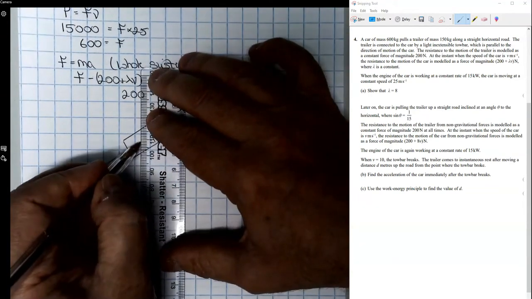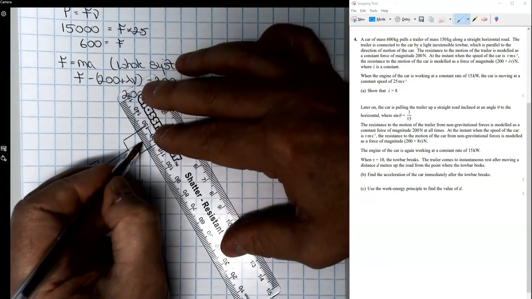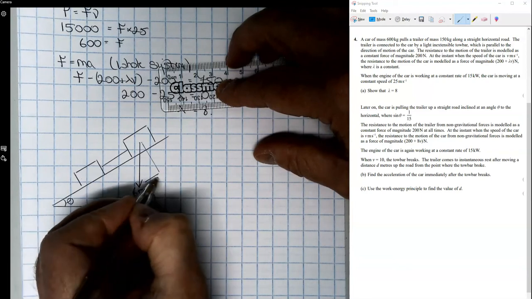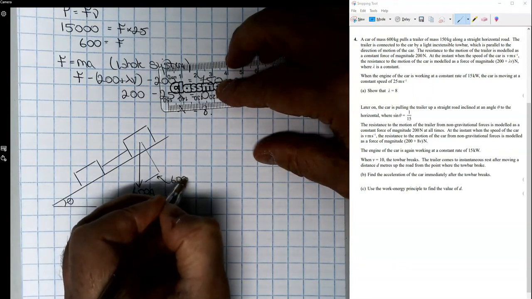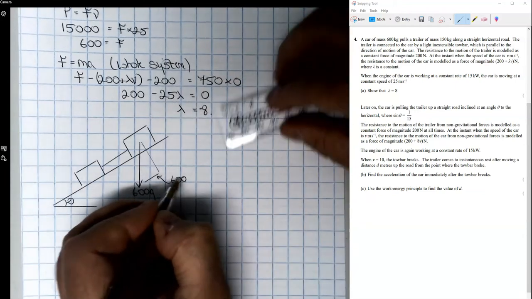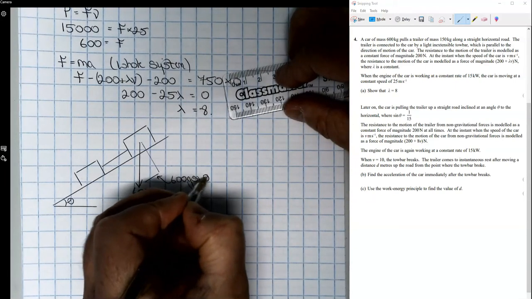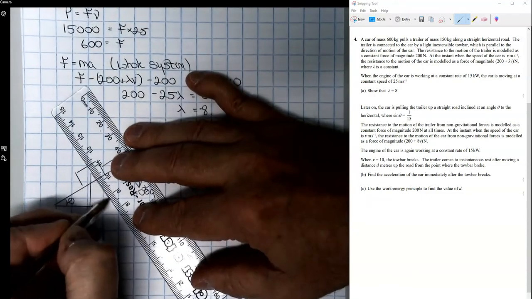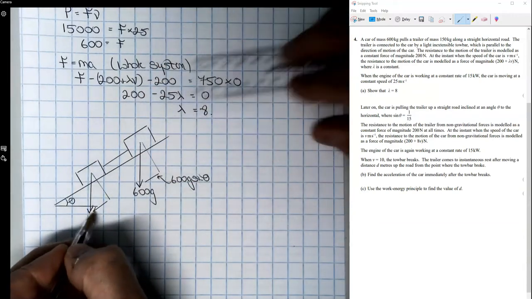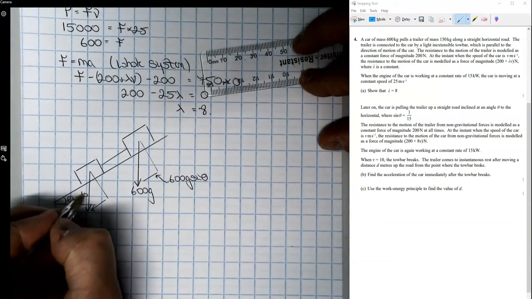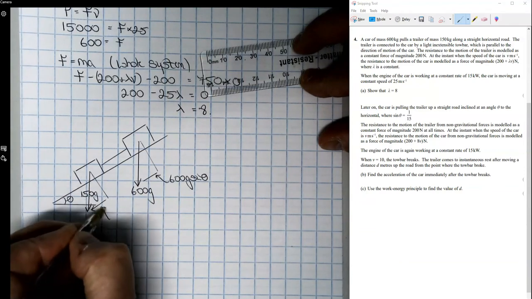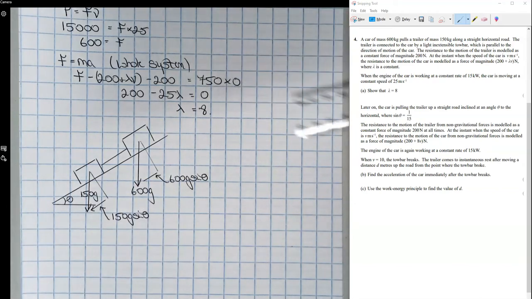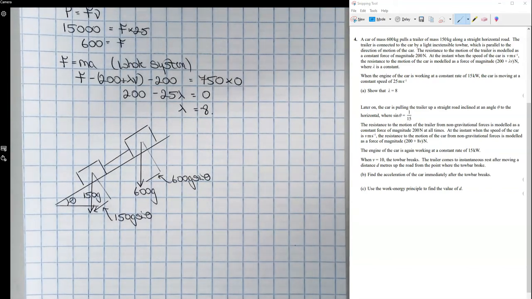This time I've got 600 G, and this will be 600 G sine theta, and this will be 150 G, and this will be 150 G sine theta, and we know that sine theta is 1/15.